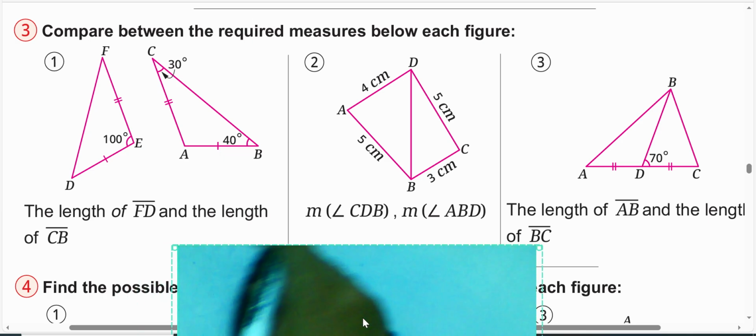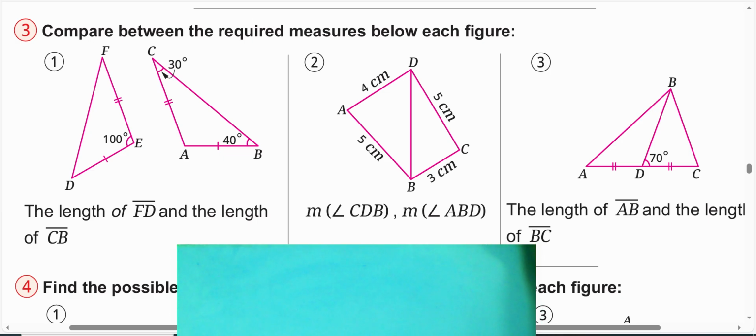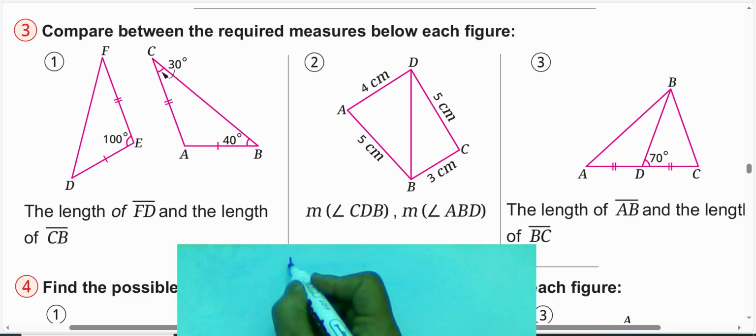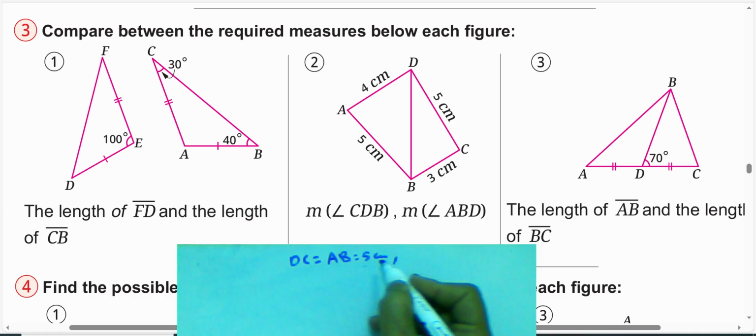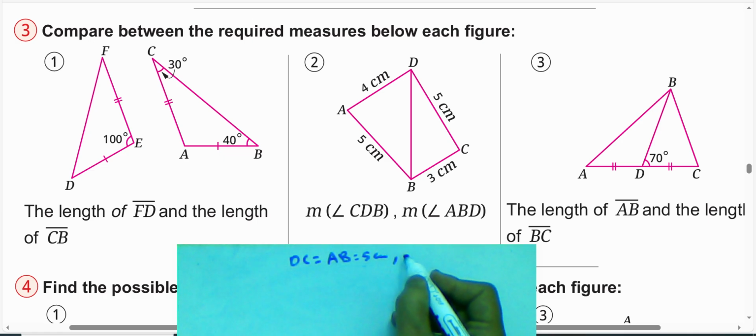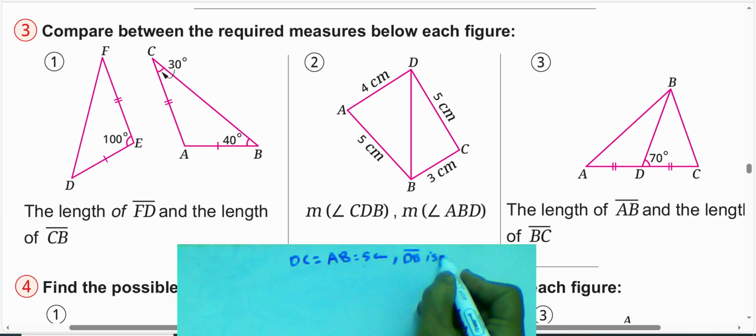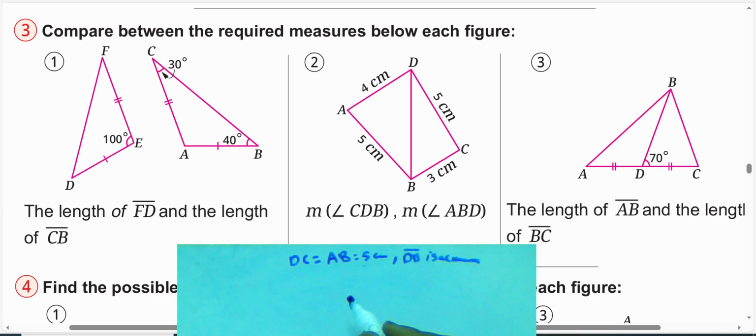Next question, also we have two triangles here. We have BC equal to AP, and DC equal to AP equal 5 centimeters, and DB is the common side. Then we have the relation between the two other sides.